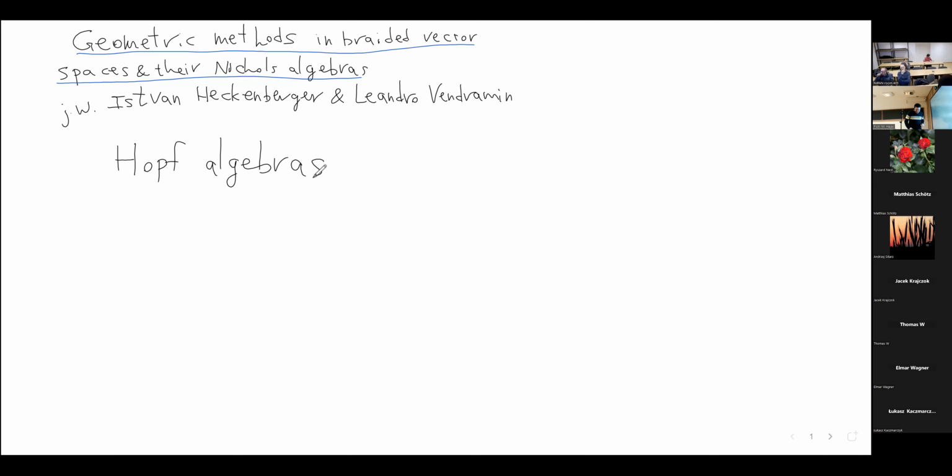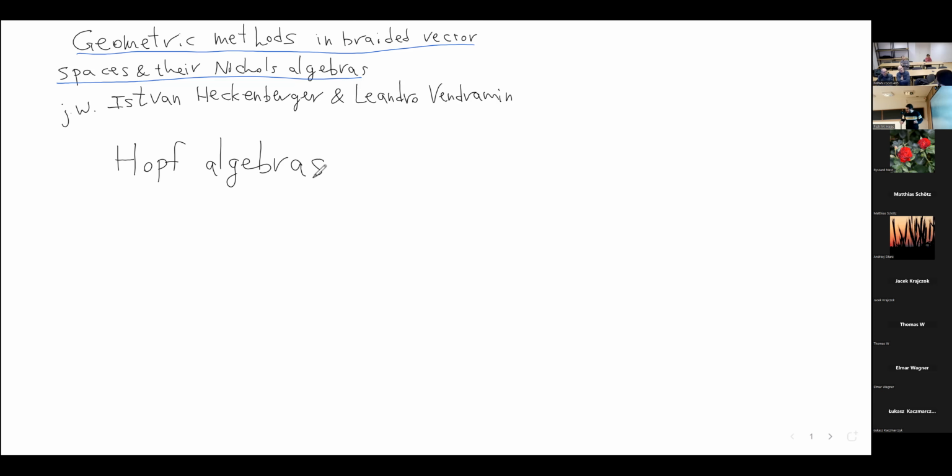In the non-commutative world, we should think of Hopf algebras as the structures that encode symmetry. Very much like in the case of classical, commutative geometry, we just have groups. Hopf algebras are what is replacing groups when we speak about the non-commutative world.